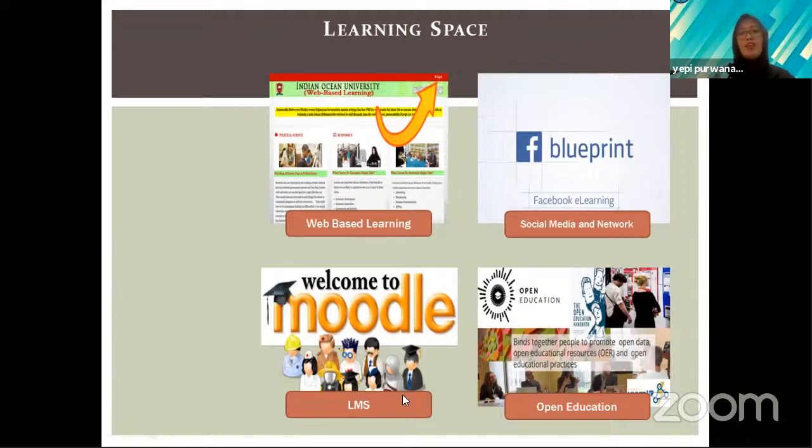And then you have the learning management system, Moodle, for example, or Edmodo, or maybe Google Classroom. It's a very simple one if you use Google Classroom, and it's quite familiar. Why? Because we just try to manage our class in Google Classroom. All the facilities, all the features are already provided by Google.